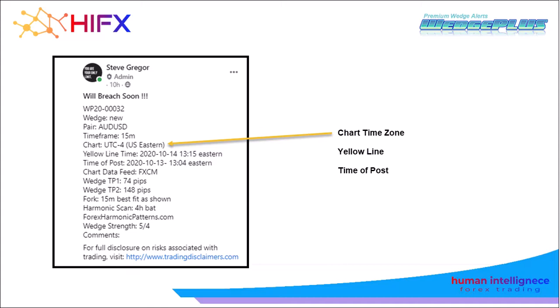So we don't do stuff like that. We all stay on one time zone. Your chart should be set to UTC -4, which is indeed US Eastern. Just the way it is, just the way you're going to have to understand what's going on in our charts.